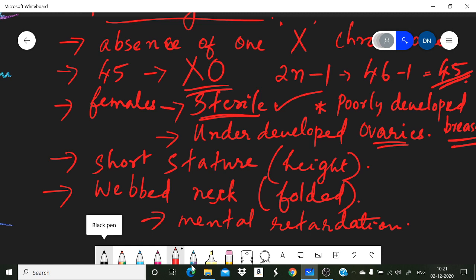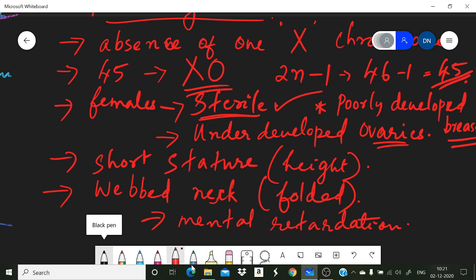So these are all the chromosomal disorders, and in our next class we will be studying some Mendelian disorders. Today we discussed three disorders. One is Down syndrome, an autosomal disorder, a chromosomal disorder because of an additional number of chromosomes.